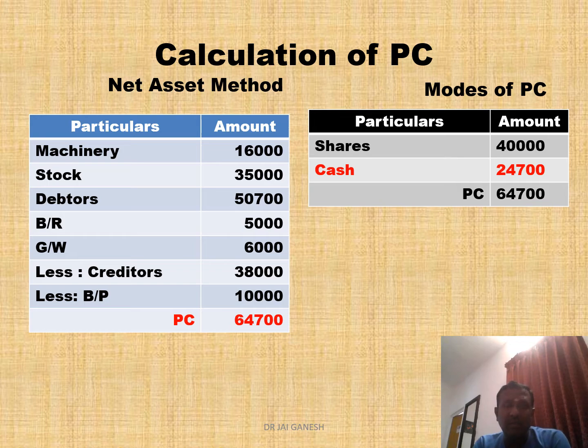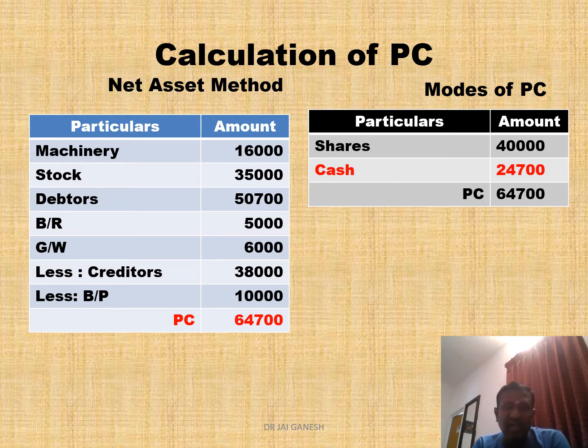So how to calculate PC? Assets taken over minus liabilities taken over. So machinery taken over at 16,000, stock taken over at 35,000, debtors taken over at 50,700, BR taken over at 5,000, goodwill taken over at 6,000.